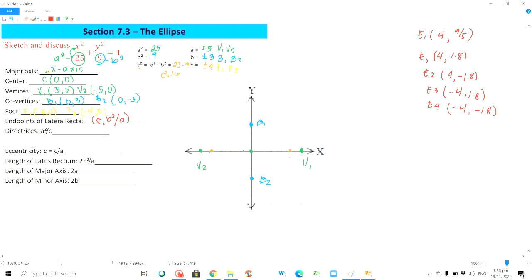That is along the F or the foci. 4 and 1.8. So, somewhere here, 1.8. Malapit na po sa 2. And negative 1.8. Negative 4 and 1.8. Negative 4 and 1.8.